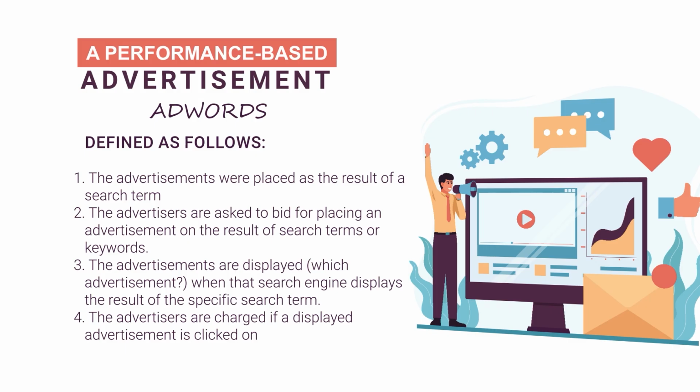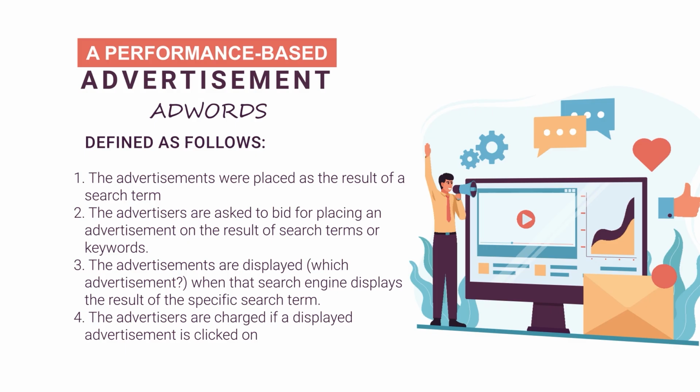So for that purpose, there are a number of advertisers who are asked to bid for placing an advertisement on the result of a search term or keywords. The advertisements are displayed. Now the question is which advertisement will get displayed. The advertisements are displayed when the search engine displays the result of the specific search term.